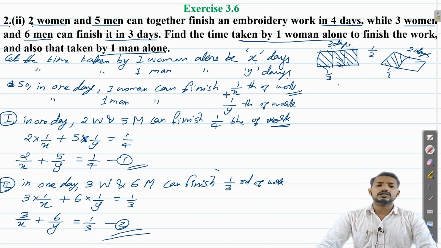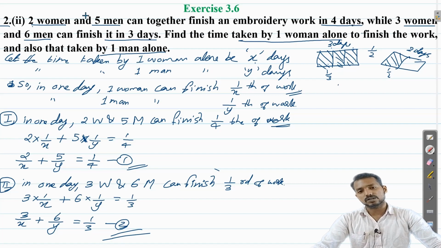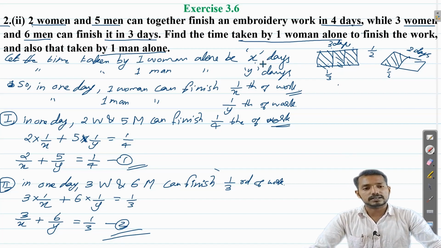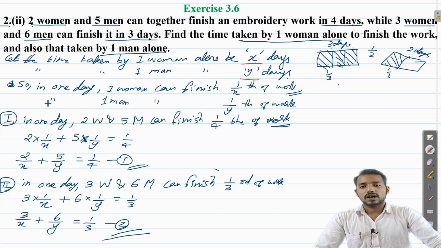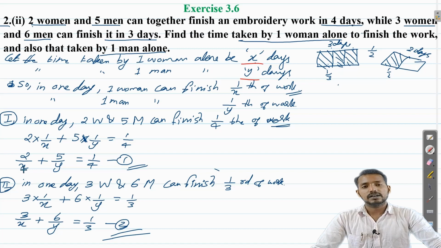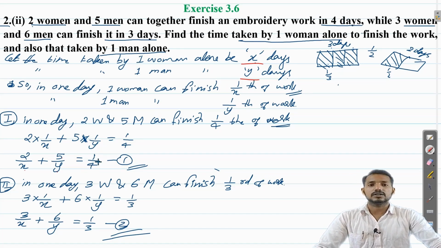You don't need to remember all this stuff. You can directly write the equation. First set up the variables x days, y days. Then how many people are there in that category: 2 divided by the number of days, plus 5, the number in the second category, divided by the number of days required by them, is equal to the reciprocal of the total days required. So you can set up the equation directly in a short way.